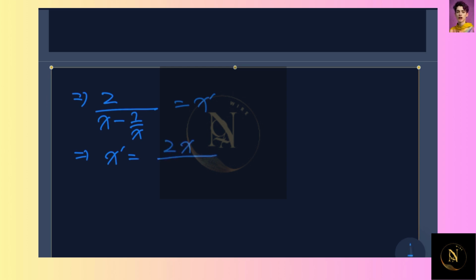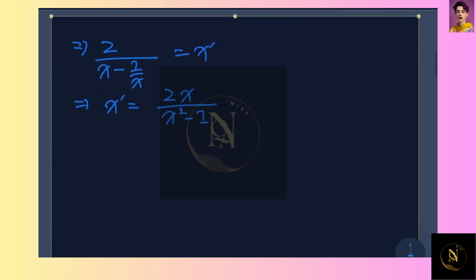We're just simplifying it now: x squared minus 1 over 2x. Now, previously we set x of y equal to u. So this is the same as u squared minus 1 over 2u.